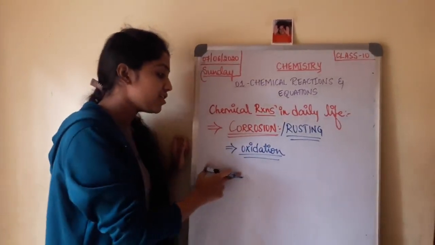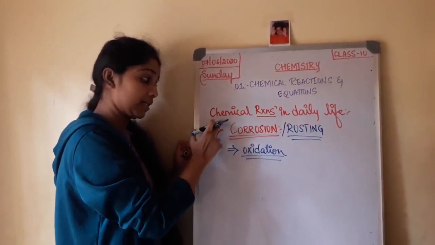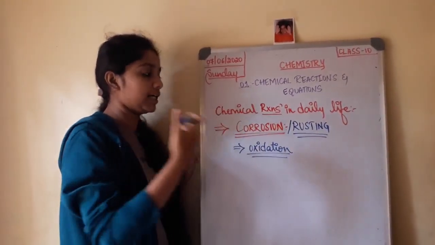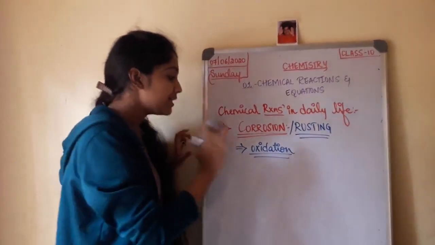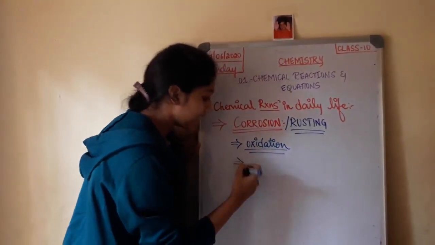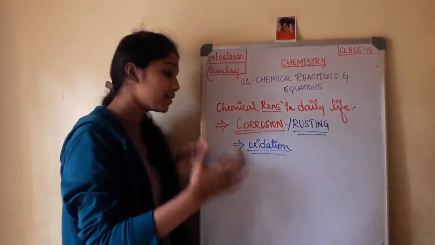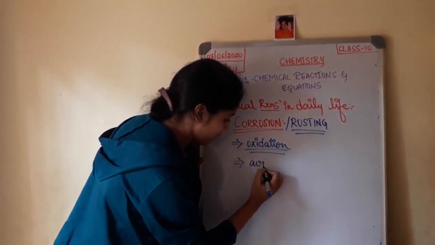Now, oxidation is the main reason for the occurrence of corrosion or corroding of the material. This occurs when materials get oxidized.